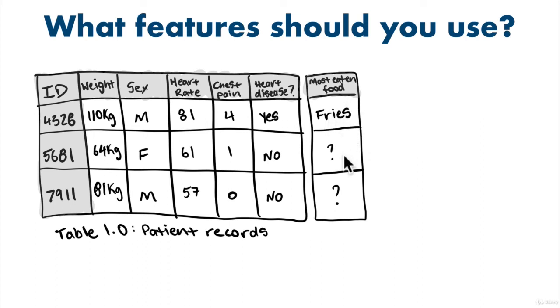Not ideal. And these other patients don't have it because, remember, only 10 out of 100 examples have the most eaten food. So these ones are just missing. If you can imagine there's 100 patients here, only 10 of them will have this most eaten food column filled. And since a machine learning algorithm learns best when all samples have similar information, we'd either leave this one out or try to collect more information before using it.